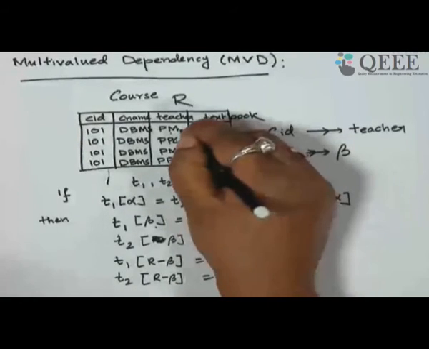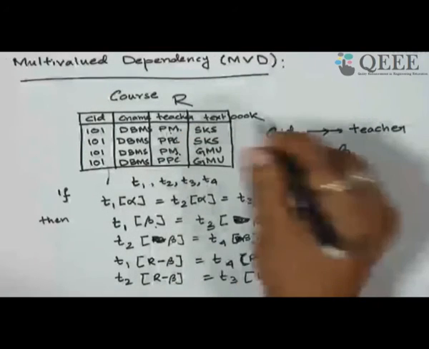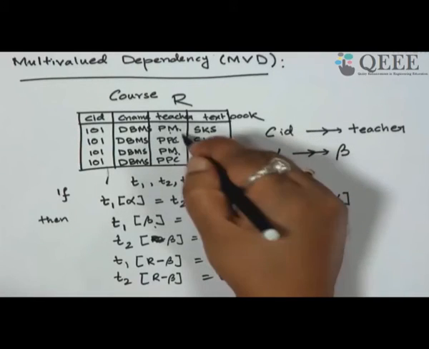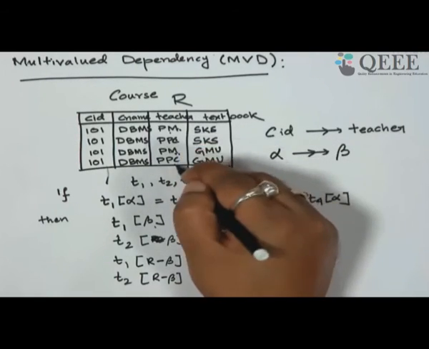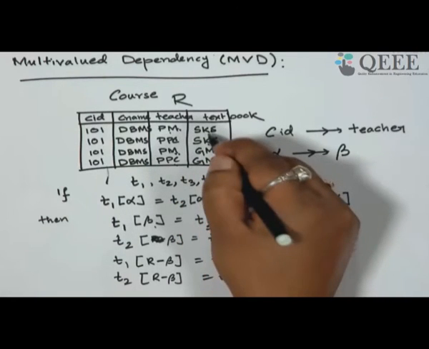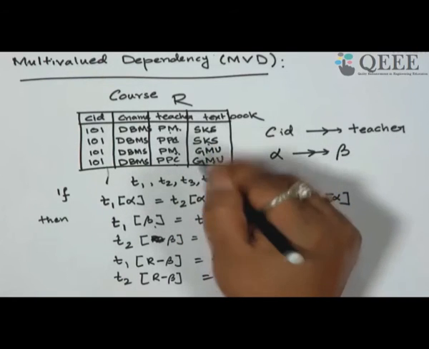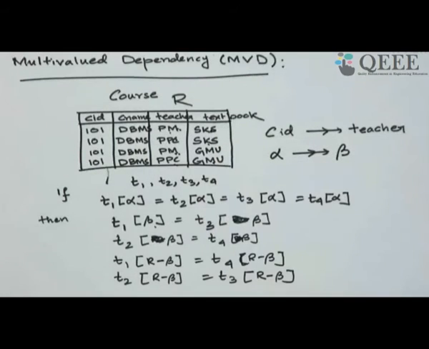That means if this matches this, there should be another entry. So the alternate cross should match. Okay. In such a case, we say that there exists a multi-valued dependency.